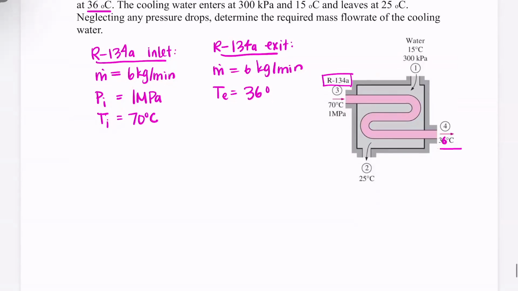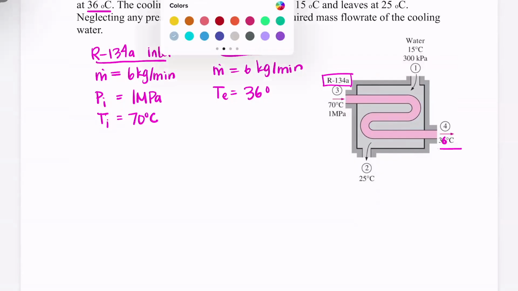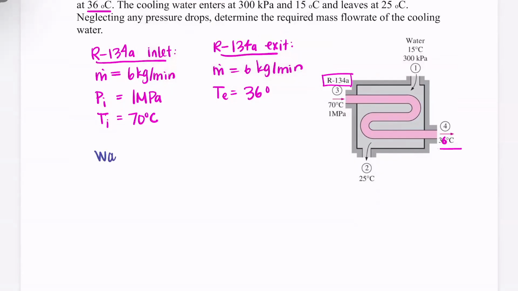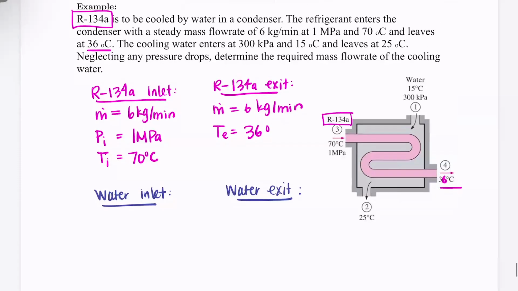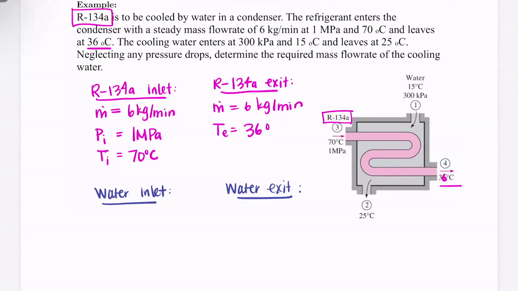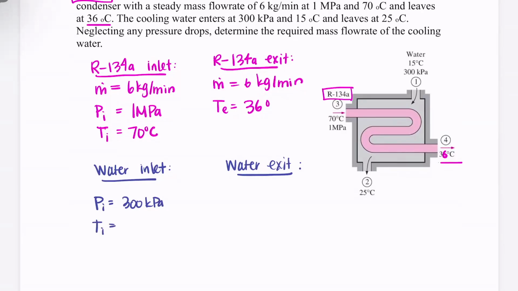Okay. And then the water, I'm going to write in blue. So our water inlet and our water exit, we have that the water enters at 300 kPa. So we have pressure at our inlet is 300 kPa. And the temperature at our inlet is 15 degrees C. And it's leaving at a temperature of 25 degrees C. All right, so we've got water and water.